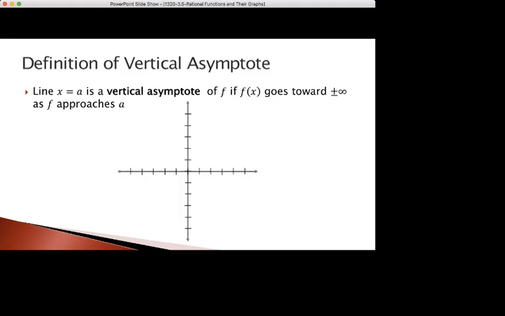So, let's draw a Cartesian graph here. Let's plot a vertical asymptote right here. Okay, cool. Now, what they're saying is we're getting closer and closer to this vertical asymptote as these x values get closer to a. The function values themselves are going to take off towards plus infinity or minus infinity. And in this example, they take off towards plus infinity.